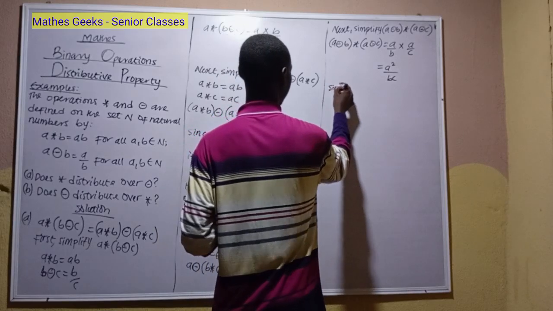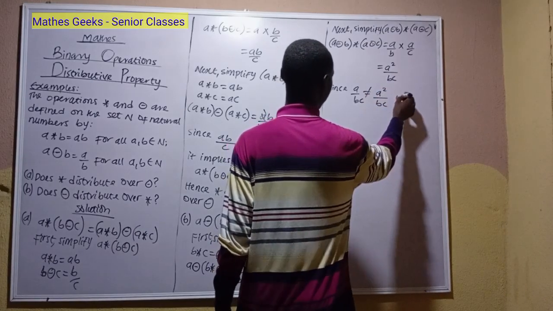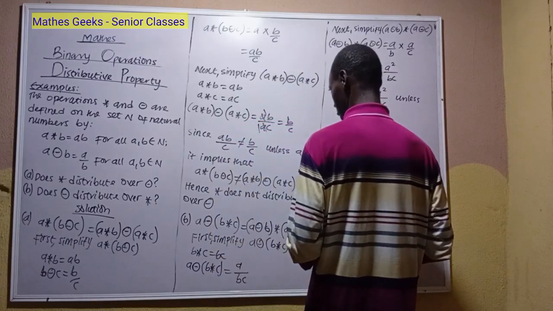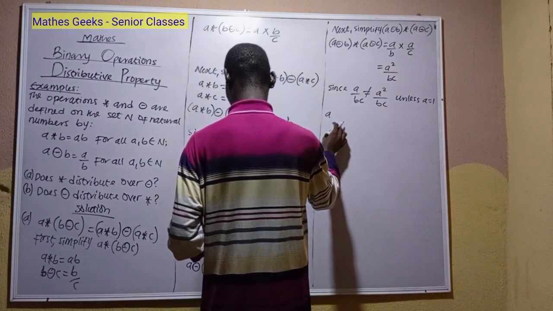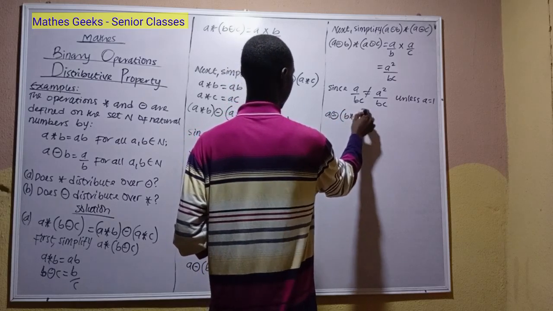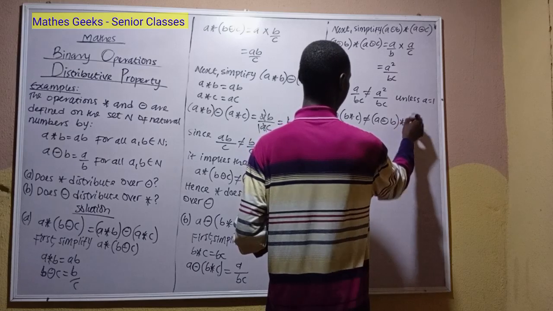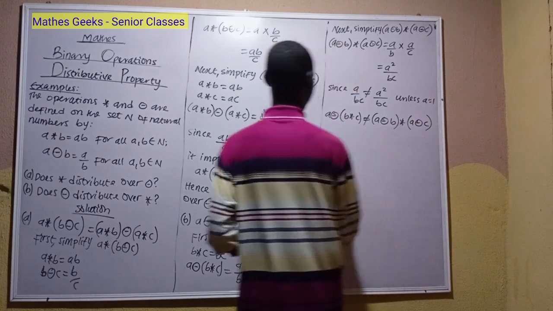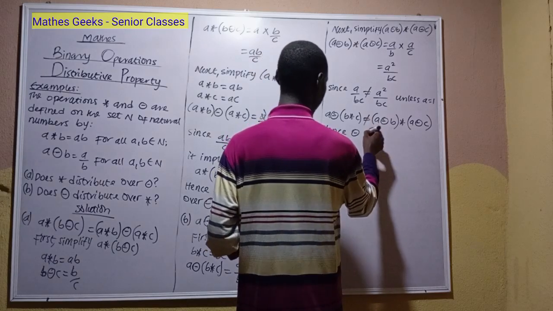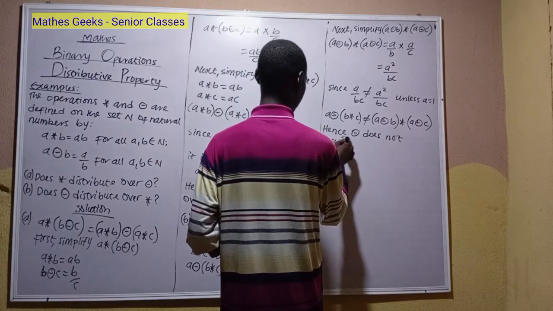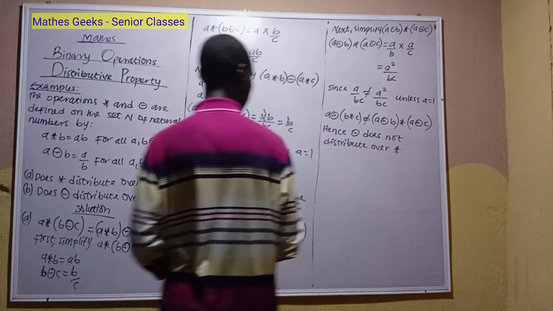So since A over BC is not equal to A squared over BC, unless A is 1, you can see that A operation B star C is not equal to A operation B star A operation C. Hence, O operation does not distribute over star.